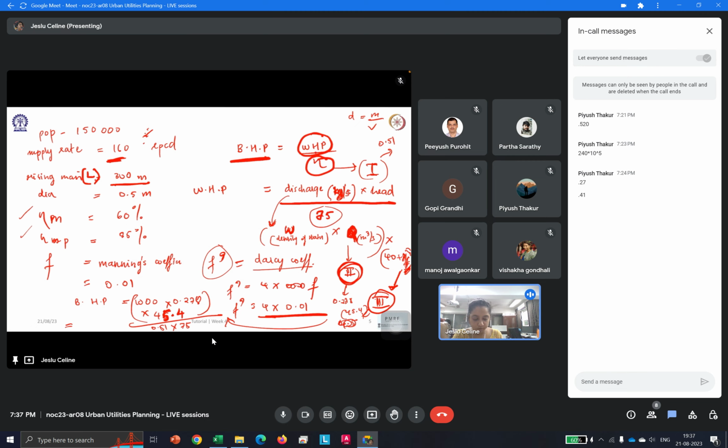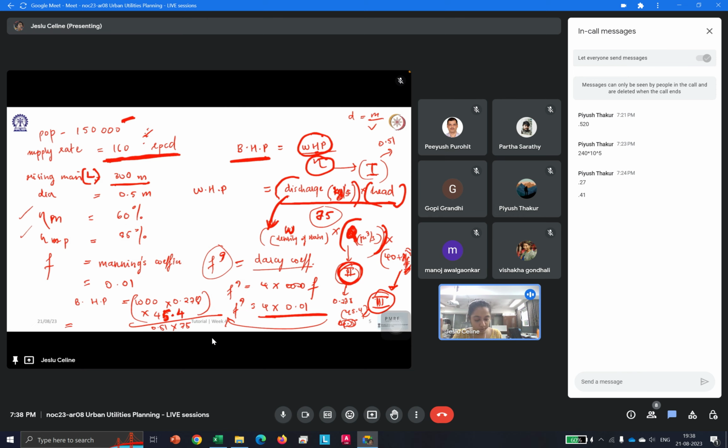To find water horsepower, we need the discharge rate, the head and the factor. To find the discharge rate, we need the volumetric flow. The question gave the rate of pumping in liters per capita per day, so we convert that to meter cube per second for the overall population. That was our calculation for Q.